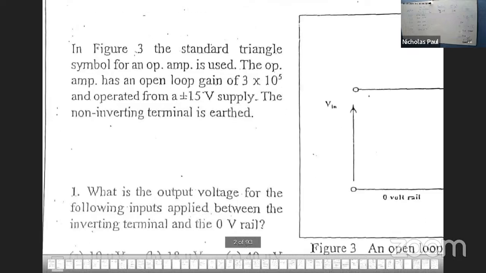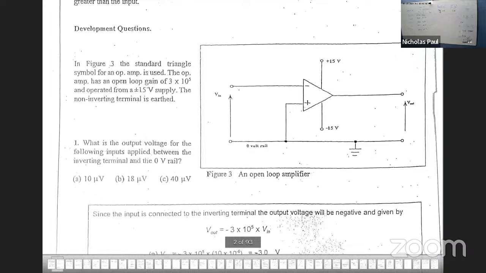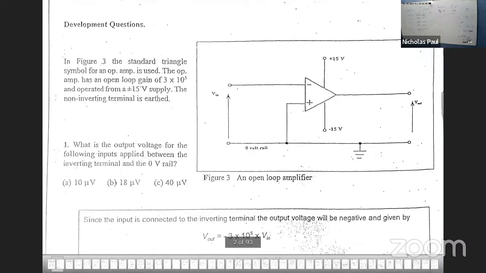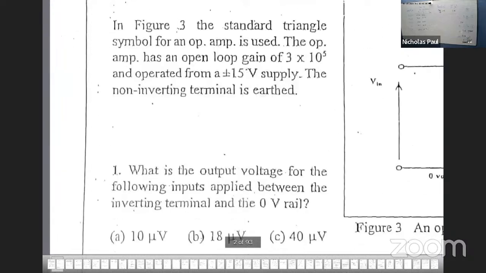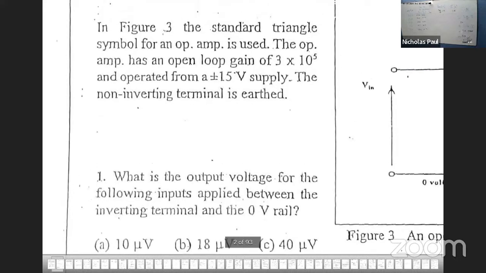Alright, so what is the example here? The op amp that we just drew, right? I'll leave the diagram out. In figure 3, the op amp has a gain of 3 by 10 to the 5.